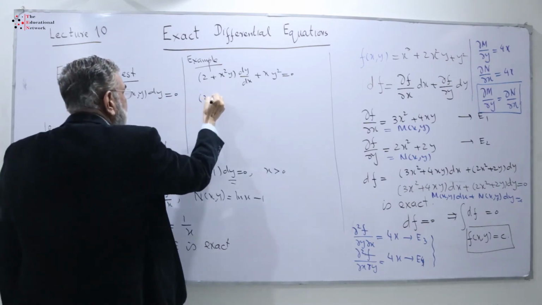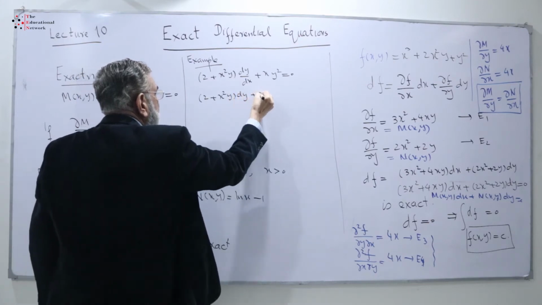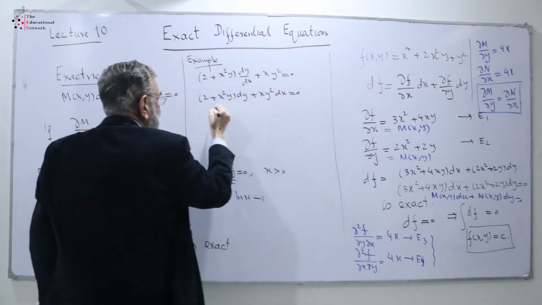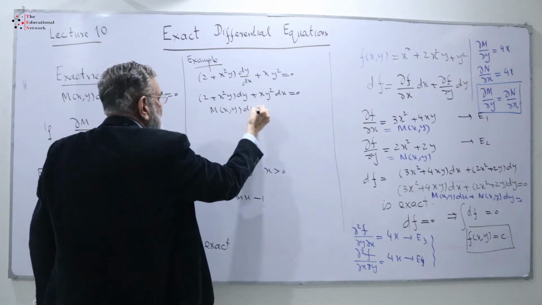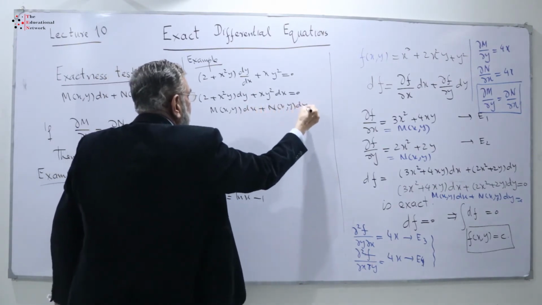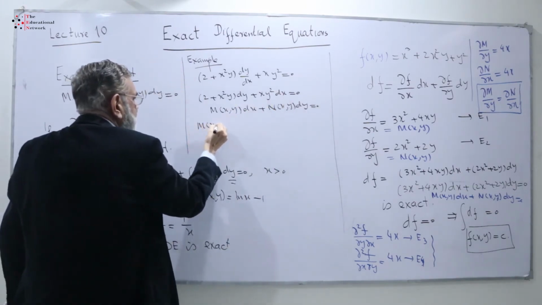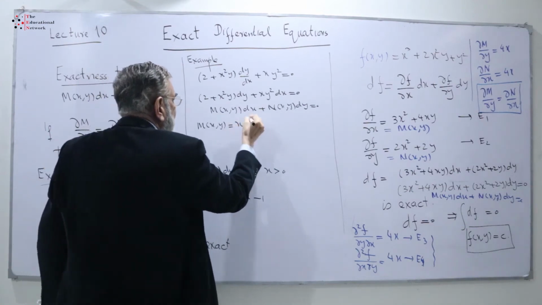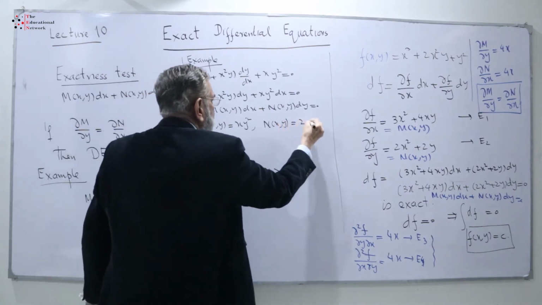I get (2 plus x squared y) dy plus x y squared dx equal to 0. I compare it to my standard equation, M(x,y) dx plus N(x,y) dy is equal to 0. The coefficient of dx is my M, so M(x,y) is equal to x y squared, and N(x,y), the coefficient of dy, is 2 plus x squared y.